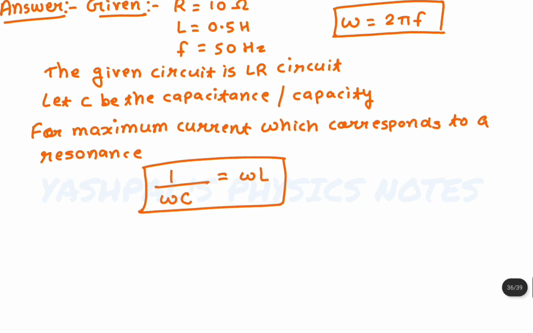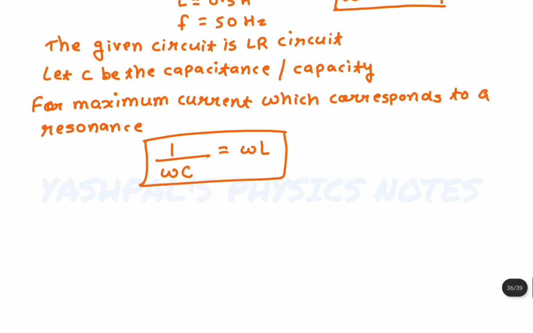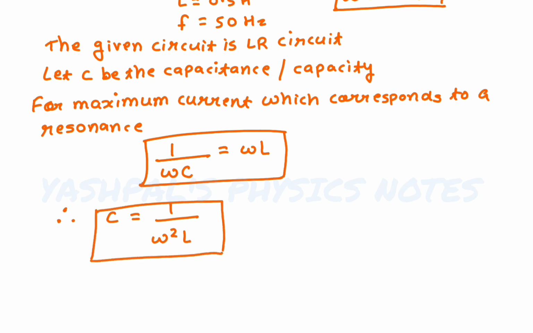Now if I transfer this term over here, I can write C is equal to 1 upon omega square L. I have just done some transformation and we have found the value of C.